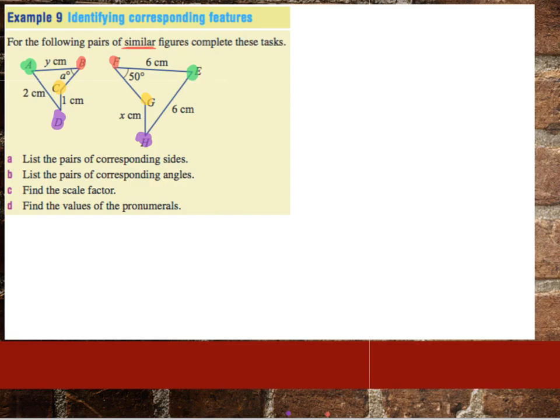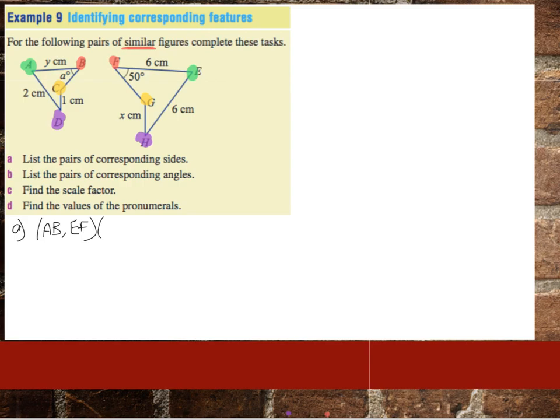So let's quickly list the pairs of sides. Let's write with a pen and not the highlighter. It's so much neater. So I'm going to start with the small one, and I'm going to say AB is the same as, keeping the same order like we have done with congruency, A is the same as E, and B is the same as F. So that's one pair.